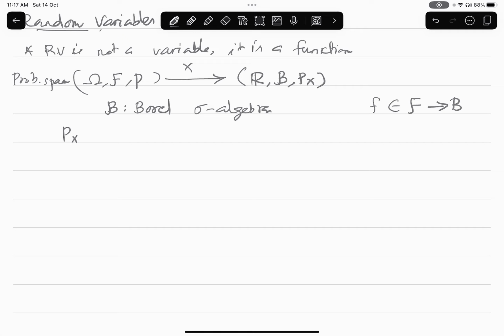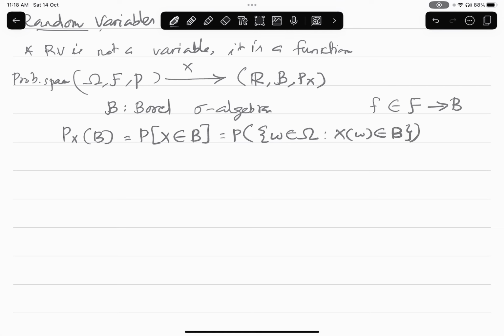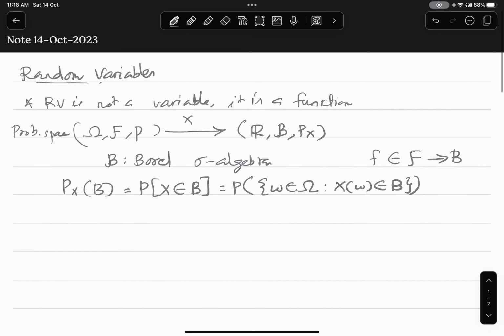So the probability of any event B, the probability of the random variable belonging to a Borel set B, is the probability of all ω, where ω is an outcome belonging to the sample space, such that X(ω) belongs to B. Hope this idea is clear.